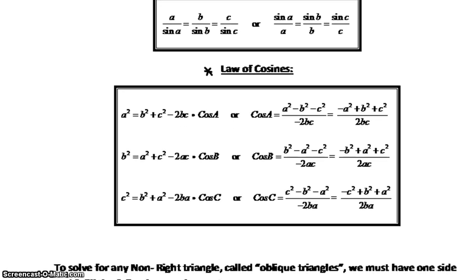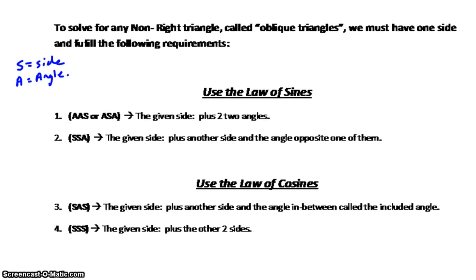So again, we have the situation where S represents side and A represents angles. We have 2 cases to use these for each. One where we have angle, angle, side, and angle, side, angle, which means the side is sandwiched between the angles.